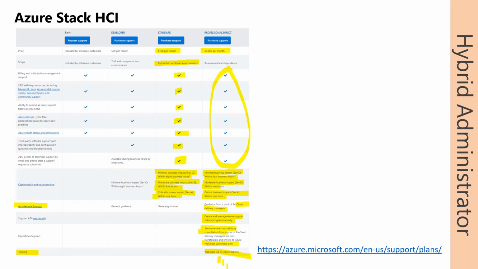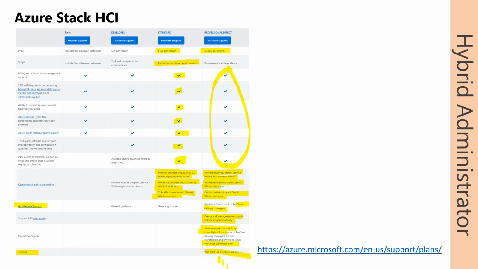So if you have 10 clusters, it's $100. If you have 100 clusters, it's $100. So it's $100 per month per environment. For the $1,000 plan, you have to think about it; the main thing, in my opinion, is the reaction time and these additional operation support things. And this obviously depends on your business requirements and on your company size.